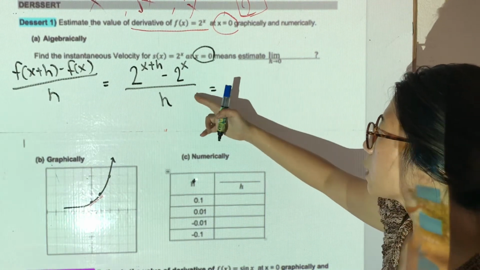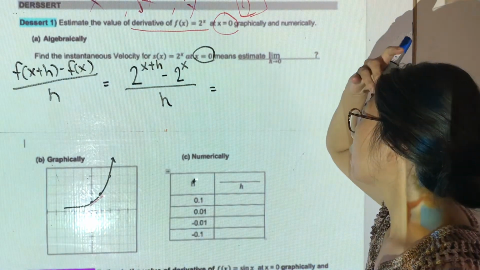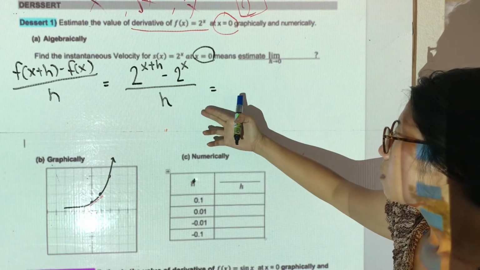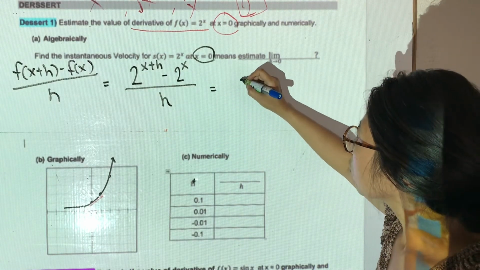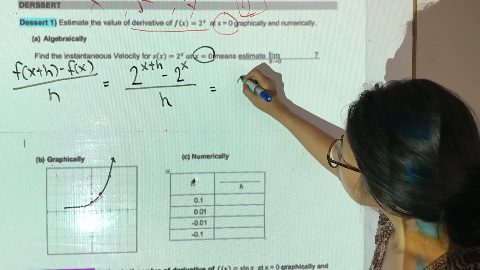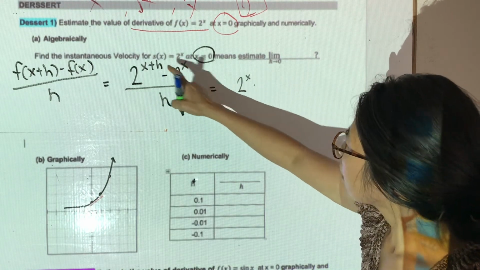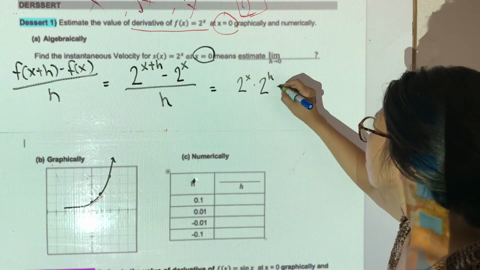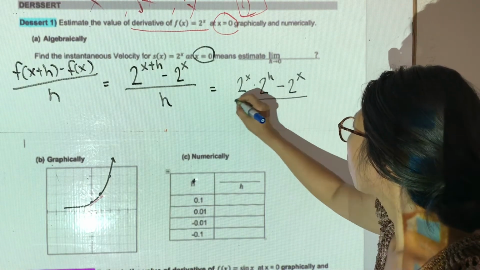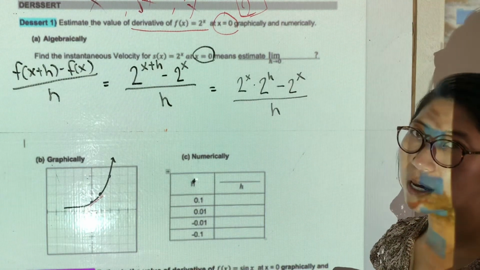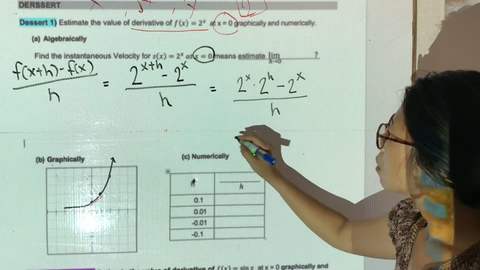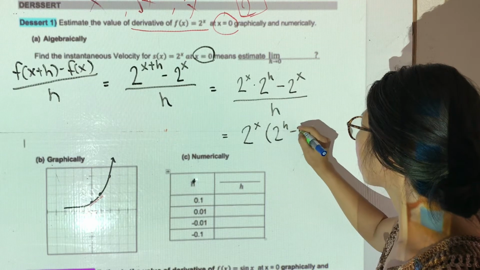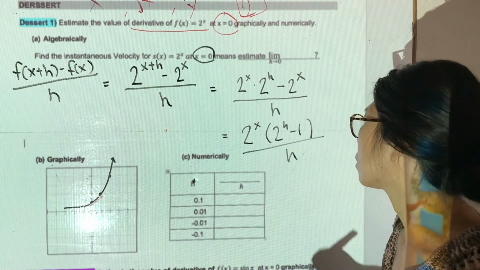Now I want you to think about whether there is a way to simplify. One way I could do it is: 2 to the x plus h means 2 to the x times 2 to the h, and minus 2 to the x over h. I could factor out 2 to the x and get 2 to the h minus 1 over h.